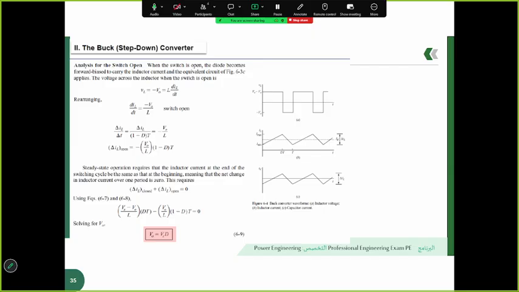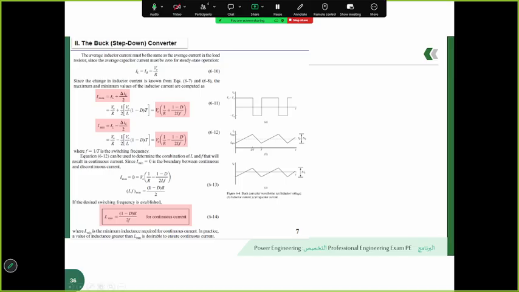Okay, this slide explains the operation of a buck step-down converter, which is a type of DC to DC converter used to reduce the input voltage to a lower output voltage. The main focus here is on the current through the inductor, because in a buck converter, the inductor plays a key role in storing and transferring energy.